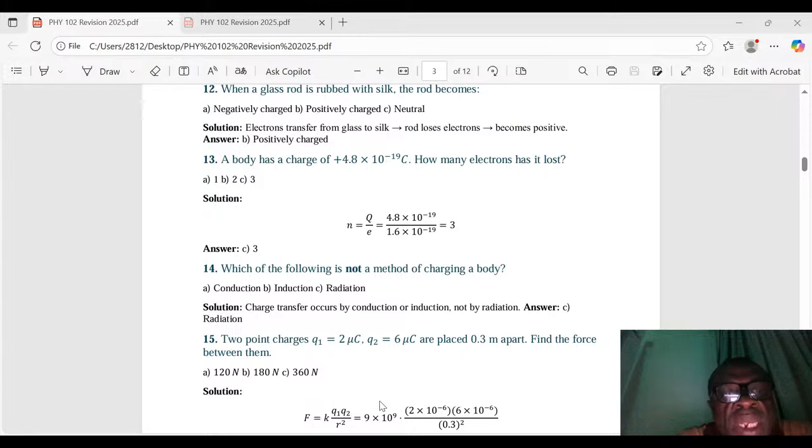So the solution is electrons transfer from glass to silk. The rod loses electrons and becomes positive. So the answer is positively charged, B.